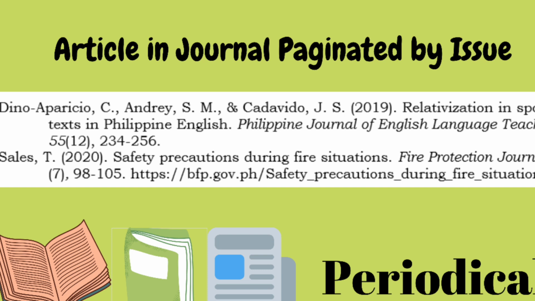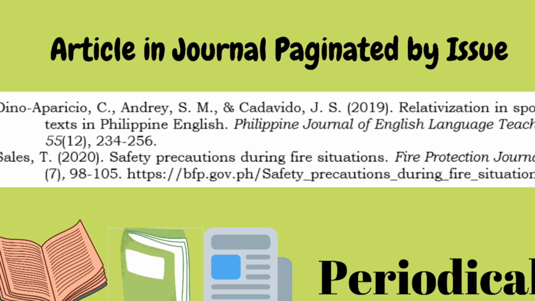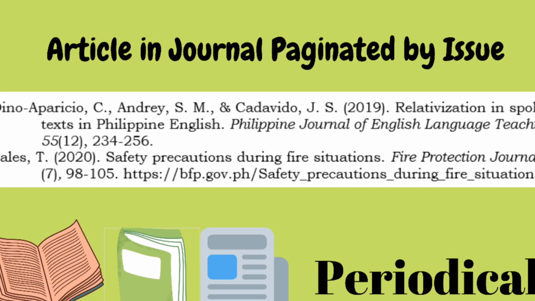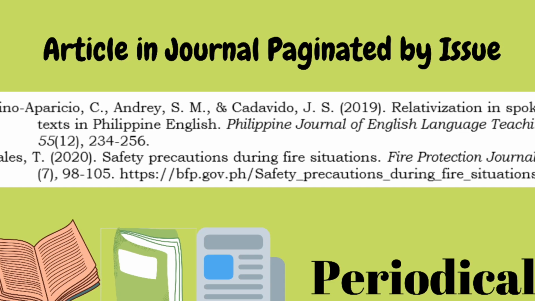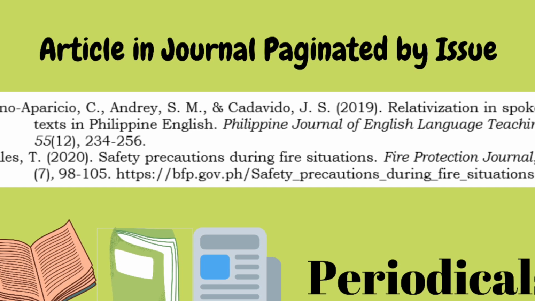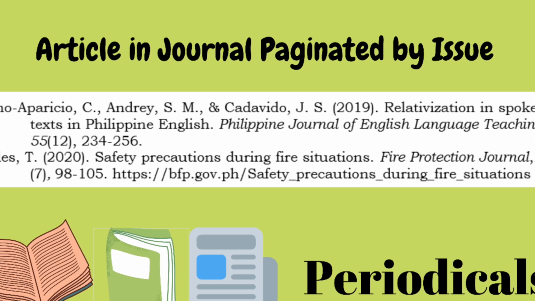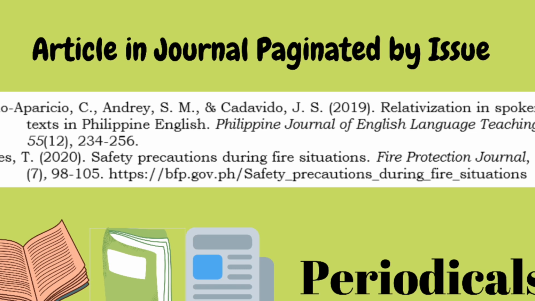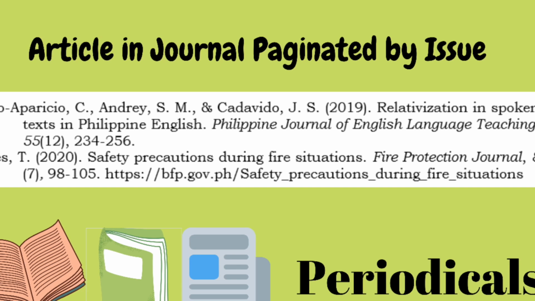Write the title of the journal, Philippine Journal of English Language Teaching, comma, write the volume number, just like we did on the previous slide, and then open and close parentheses, we have the issue number, which is 12, comma, and then write the page range. We have 234 to 256, period. The only difference is that we put the issue number in parentheses right after the volume number.